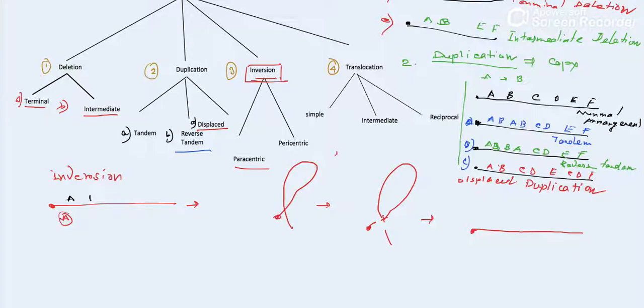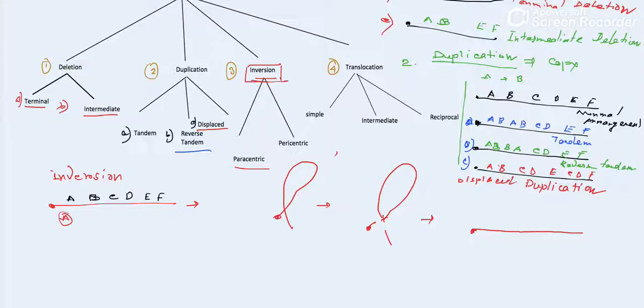This is the normal arrangement of genes A, B, C, D, E, F. If the chromosomal part first forms a loop, and there is a cut at two places in the chromosome, and the chromosome part turns 180 degrees, and then they are attached again.